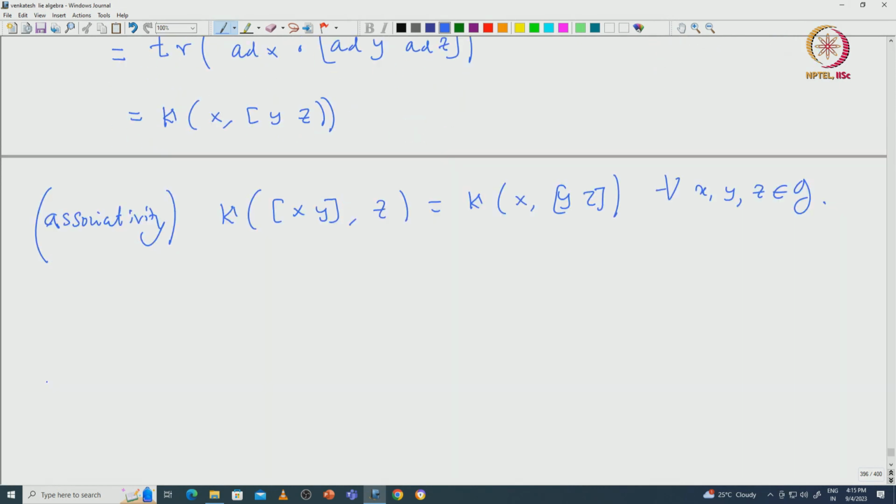Now once we have this Killing form, it is not very hard to rewrite Cartan's first criterion in terms of it.